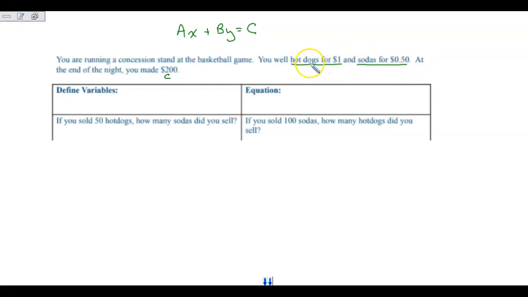So I know that I'm going to have some hot dogs and I'm going to have some sodas, but I don't know how many. So X is going to be my number of hot dogs, and Y is going to be my number of sodas.